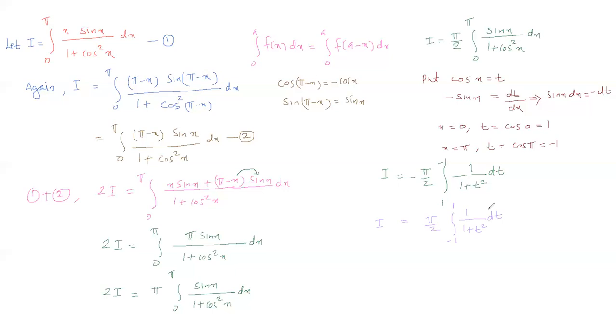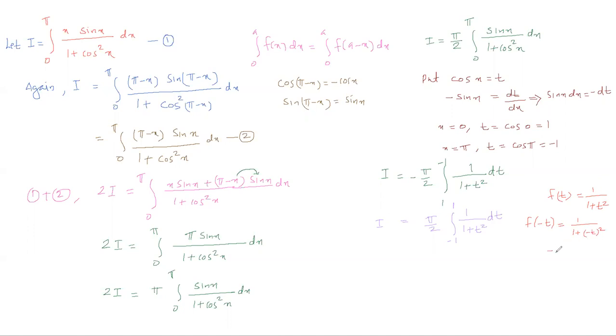Now we can see that, minus 1 to 1, see whether it is even or odd. f of t is equal to 1 by 1 plus t square. f of minus t के जगह minus t दे दिया, 1 by 1 plus minus t का square.